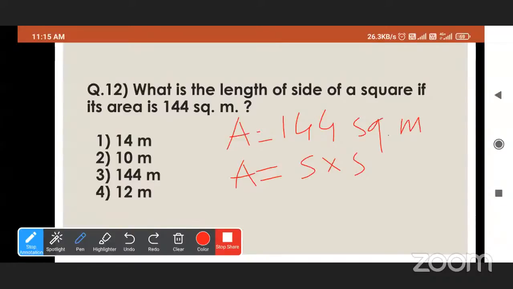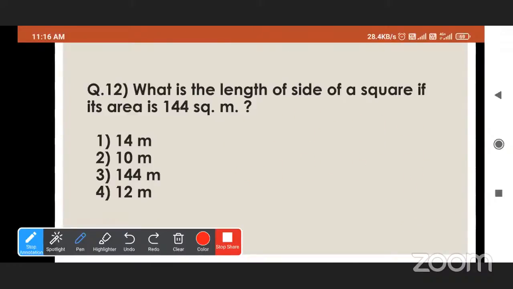If we multiply 14 by 14, 4 fours are 16. So the last digit is 6, so it is incorrect. Now second one, 10 multiplied by 10. So this is 100. This is also incorrect.